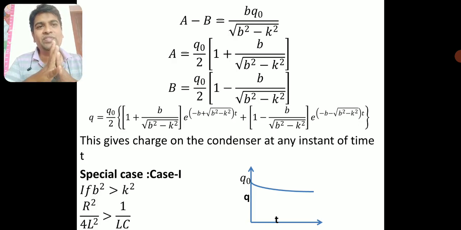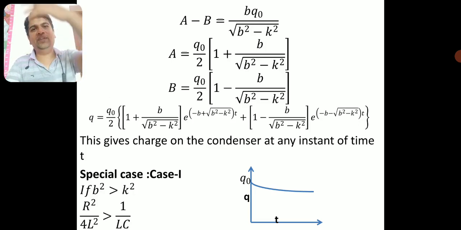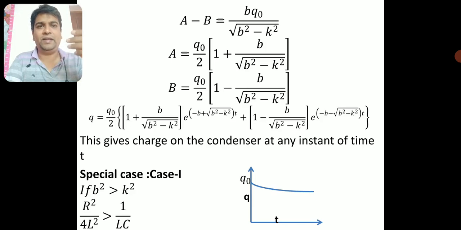Now you only find b and k, and I have defined what b and k are earlier itself. You don't find any new terms or constants. All the constants have been evaluated and substituted back in this equation. I got the final equation. This is the final equation for the charge on the capacitor at any instant of time t.